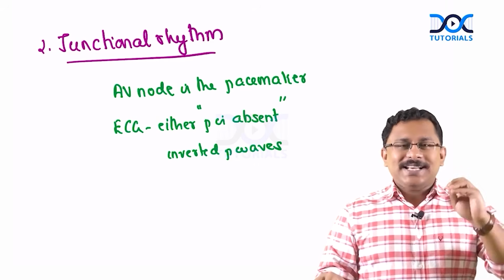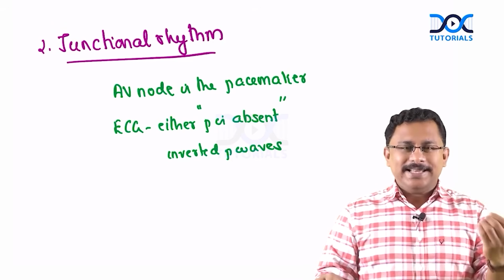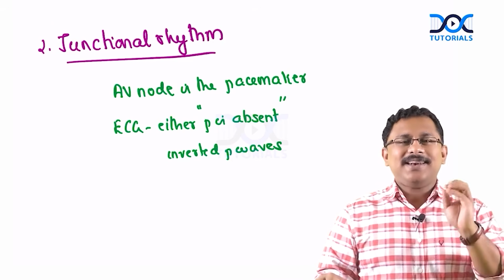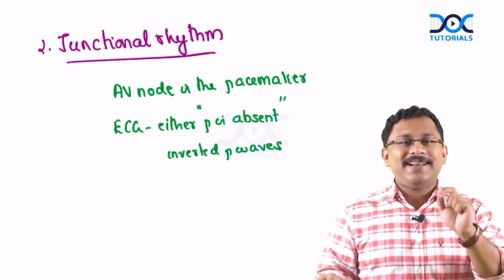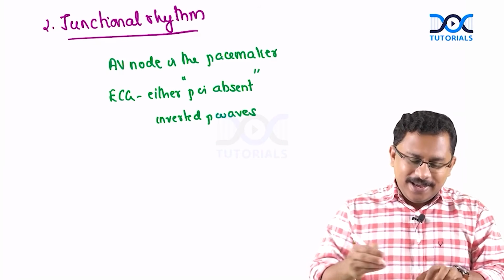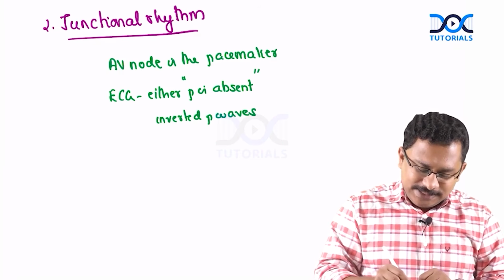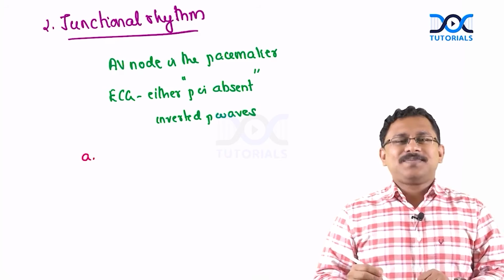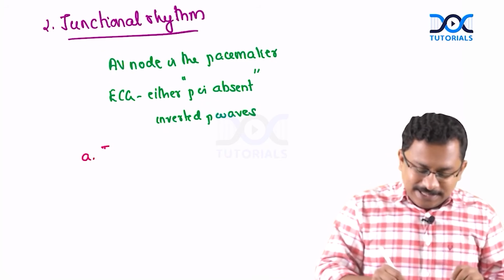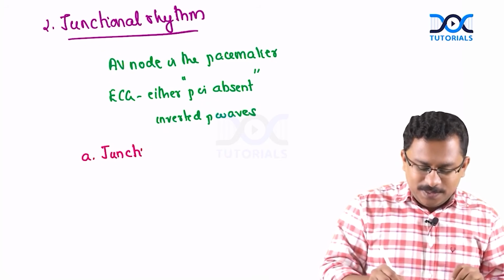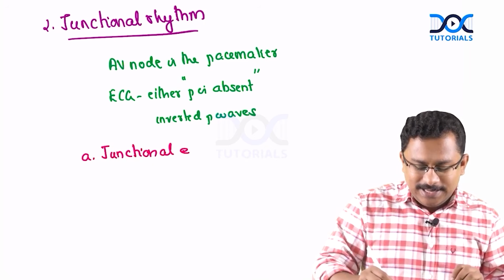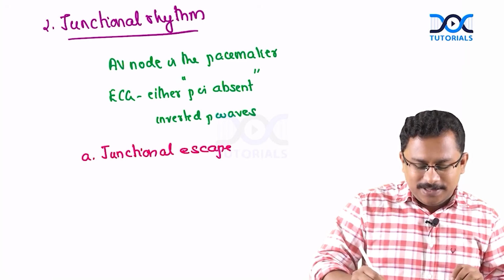Now, just like we discussed in sinus rhythm, the junctional rhythm also can be subdivided into three. And what are the subdivisions? Number one is a junctional escape rhythm.